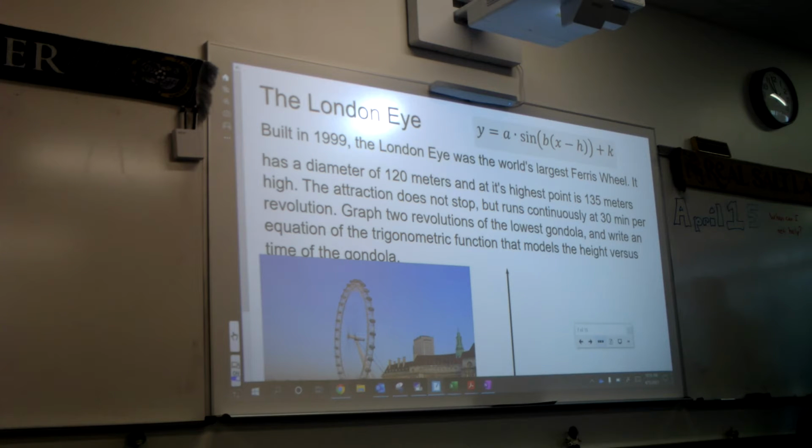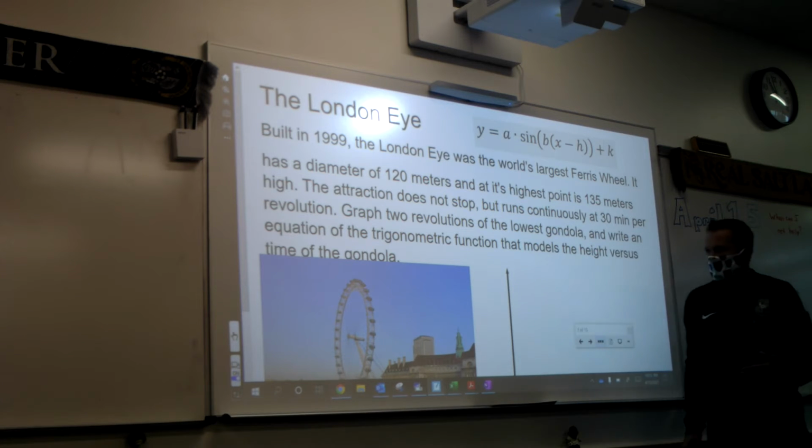It has a diameter of 120 meters, and at its highest point, it's 135 meters high. The attraction does not stop, but runs continuously at 30 minutes per revolution. Graph two revolutions of the lowest gondola and write an equation of a trigonometric function that models the height versus time of the gondola. Awesome.